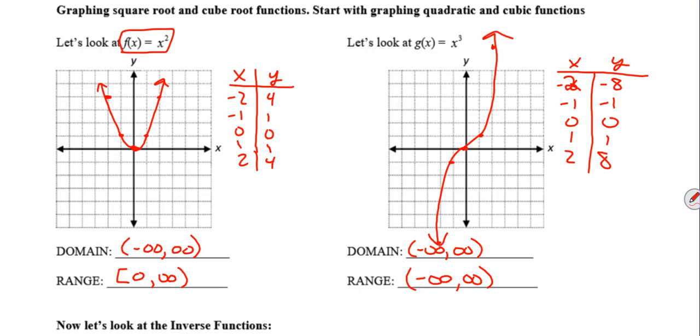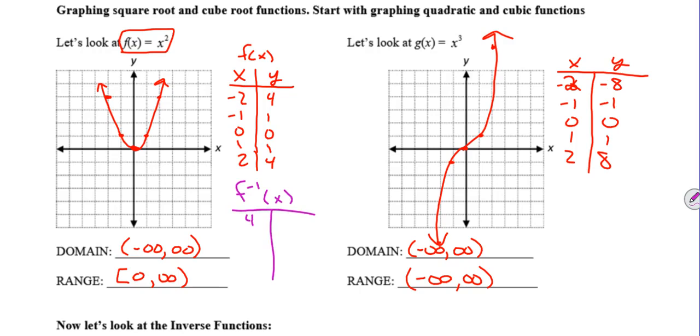So those are the two functions where we can talk about inverse functions. And we remember from previous units that the inverse of a function, if this is f of x, then the inverse of f of x will switch x and y, right?